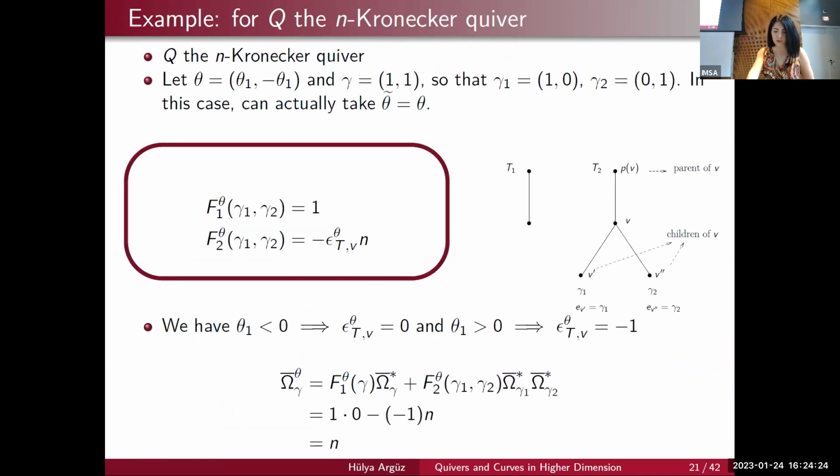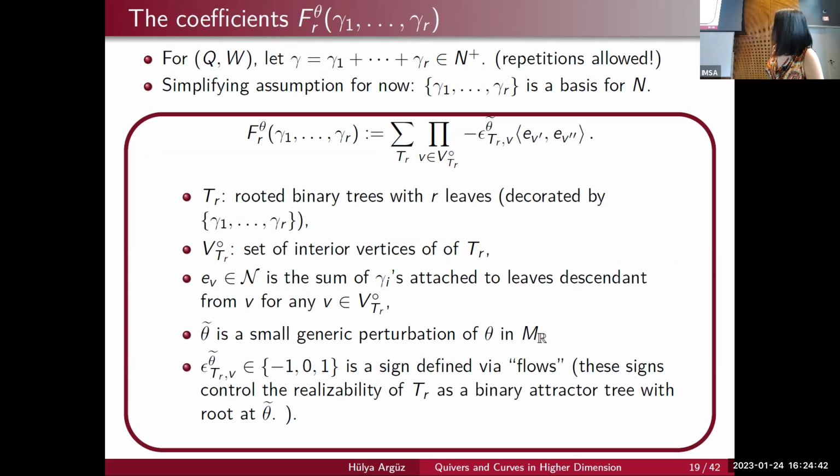Like in this picture, if you have a vertex V, gamma_V' and gamma_V'' are the children, I denote the dimension vectors corresponding to the descendants of V. So each time you have a vertex, if you follow the flow, there are two vertices descendant to V, which we denote by gamma_V' and gamma_V''.